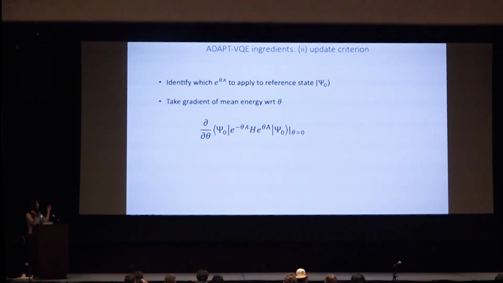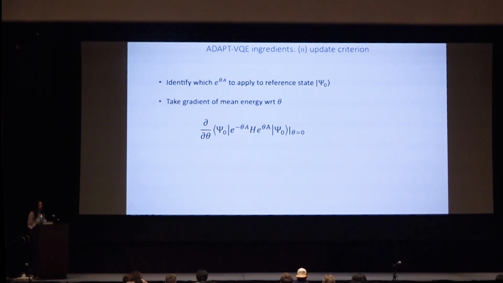So you look at the gradient of the objective function at the step you are at in the algorithm with a different option. So this A, imagine it's A sub j. So you have these different A's of which your operator pool consists. And you're essentially looking at which one will have the most effect on the energy by looking at the gradient.